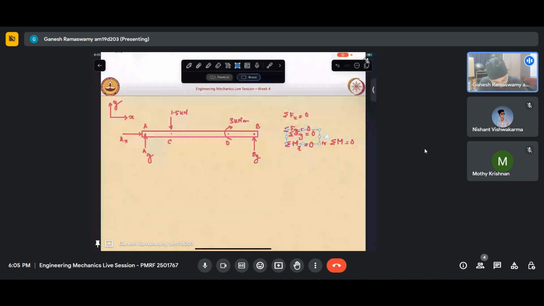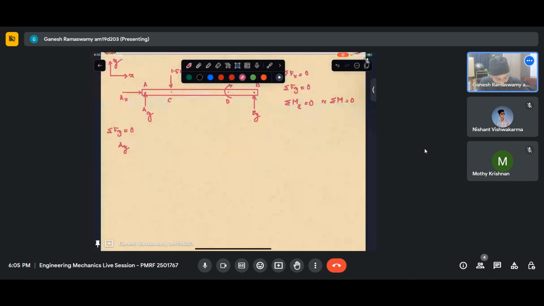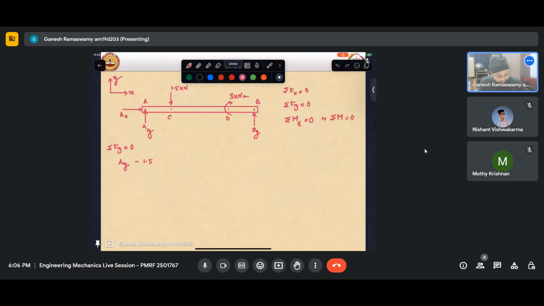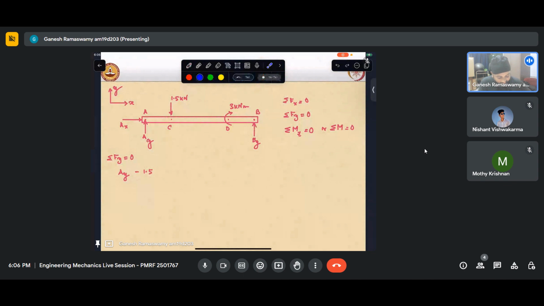Ay, pointed in the positive y direction, is positive, minus 1.5 kilonewton. Mind you, we are adding up the forces, and the couple is not a force, so it will not appear in our force equilibrium equation. What else is there? We have By. No other vertical forces are there, so this equals 0. This gives me Ay plus By equals 1.5 kilonewton. This is one of the equations that I have got so far.